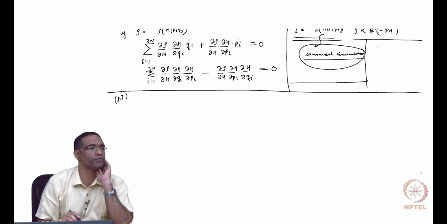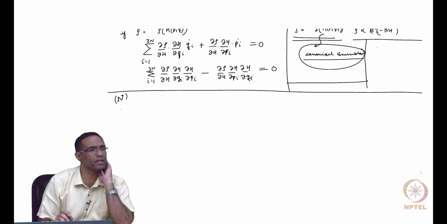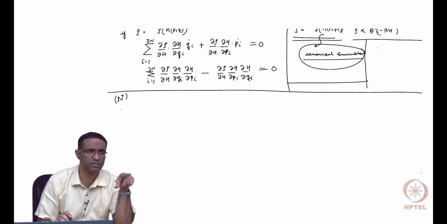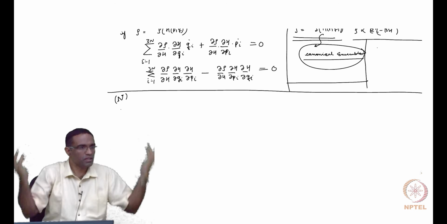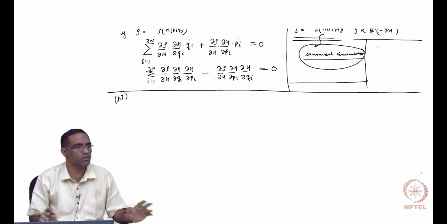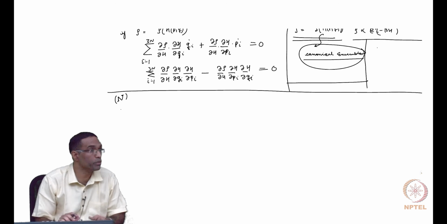What would be the total number of particles in the system? How would I calculate it? Total number of particles in the system is total number of microstates, right? That is okay with you? Total number of particles in the phase space is nothing but the total number of microstates the system can take at equilibrium.